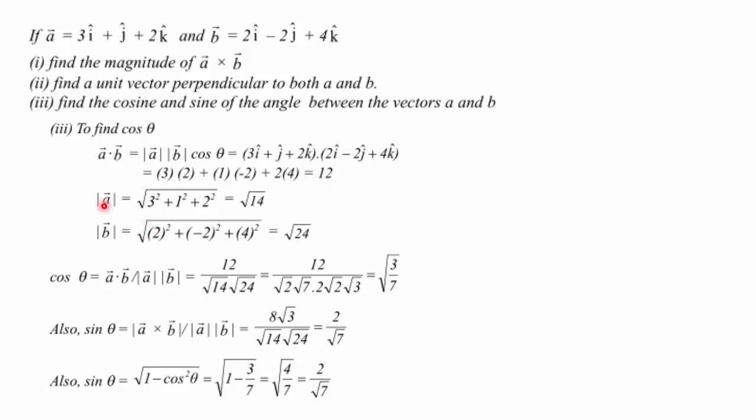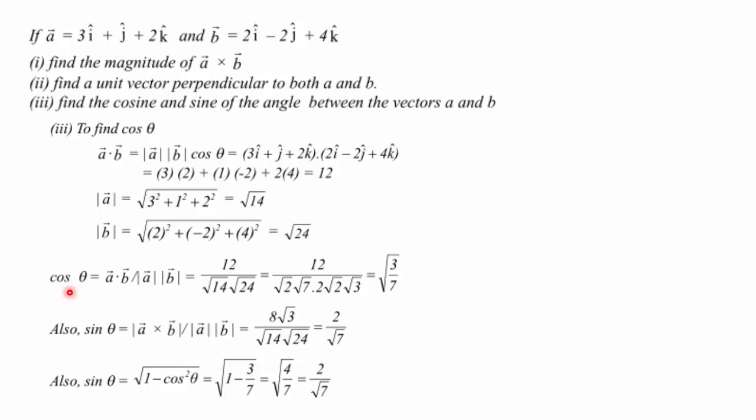Similarly I can find out the modulus of a and modulus of b. এটা বার করে আমি যদি এখানে বসাই I get the value of cos theta. সেখান থেকে I can use value of cos theta ভ্যালুটা নিয়ে আমি sin theta বার করতে পারি √(1 minus cos²theta), বা I can also use the cross product rule that sin theta is equal to modulus of a cross b divided by mod a mod b. সেখান থেকেও কিন্তু আমি বার করতে পারি, আমার a cross b বার করা আছেই একটু আগে, আর mod a mod b বার করা হলো, সেটা যদি বসিয়ে দিই that also if I substitute I get the same value of sin theta.